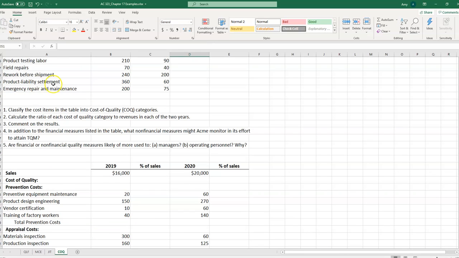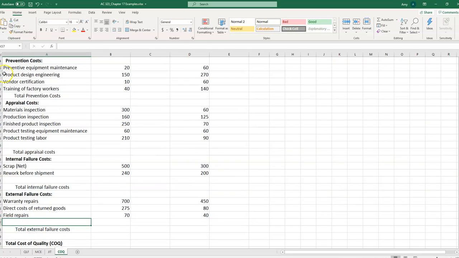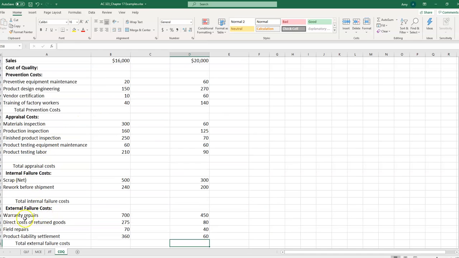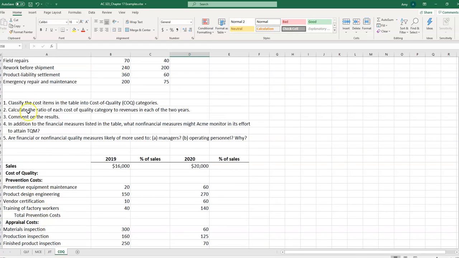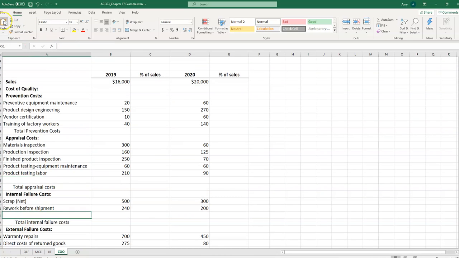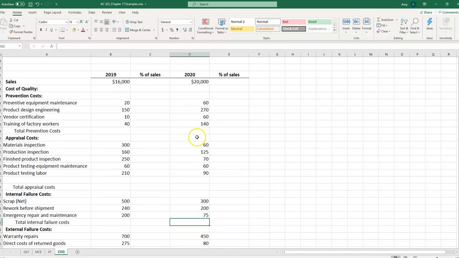Product liability settlement, so that means that we've been sued for liability. That's external. And emergency repairs and maintenance are an internal failure cost. So regular machine maintenance is a prevention cost, but emergency repair maintenance is an internal failure cost.